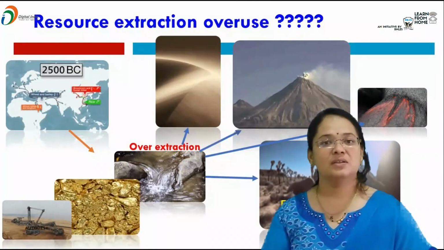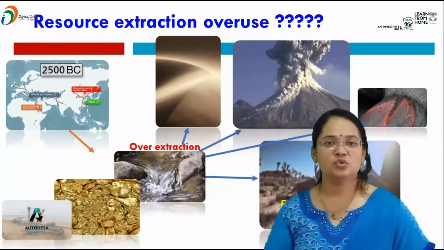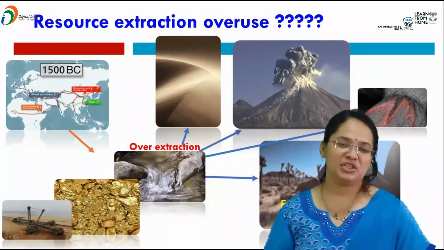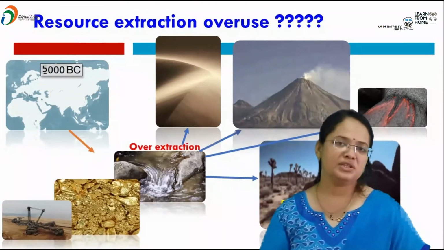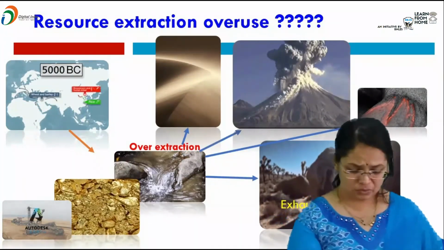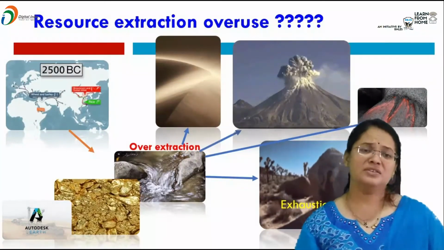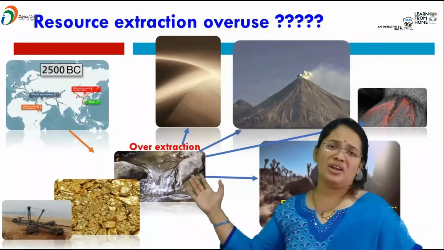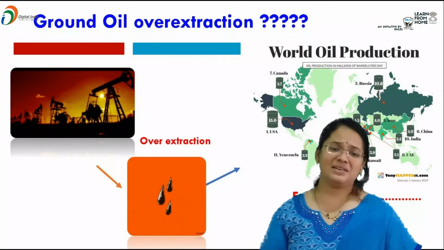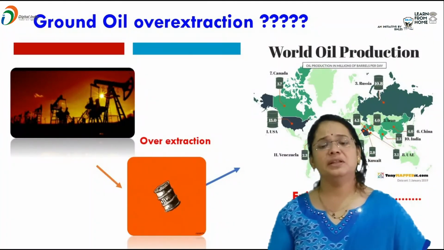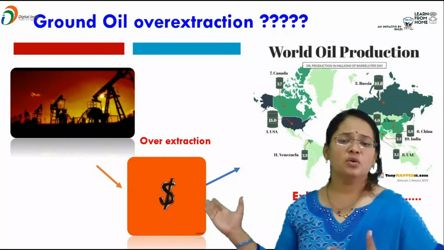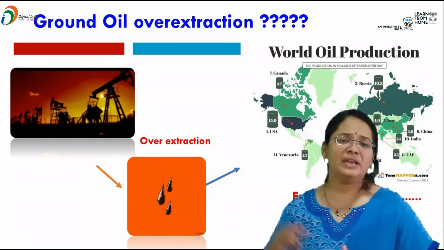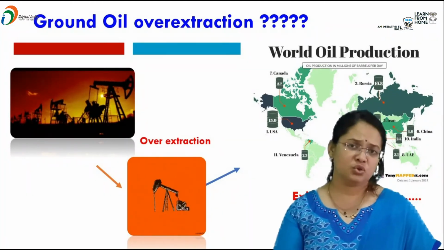Exhaustion means the overuse leads towards the end of replenishing. Overuse leads to the finish of the resources. So we have to think about it seriously. Now in oil extraction, over extraction can lead to many problems like exhaustion, as I said. Globally oil extraction is shown.